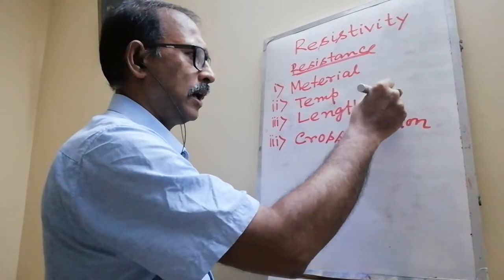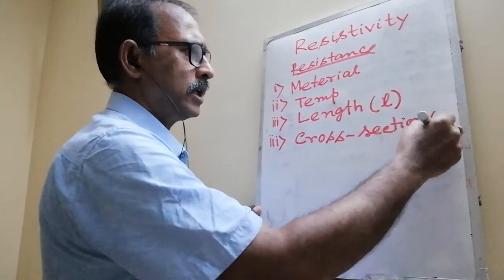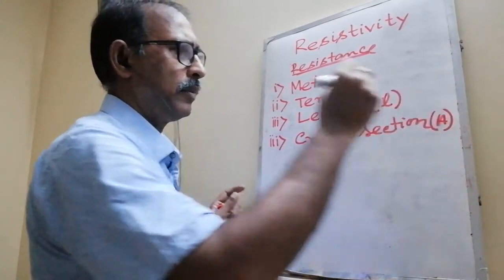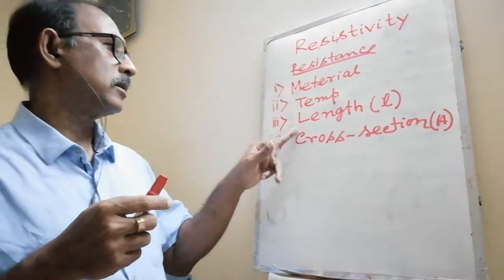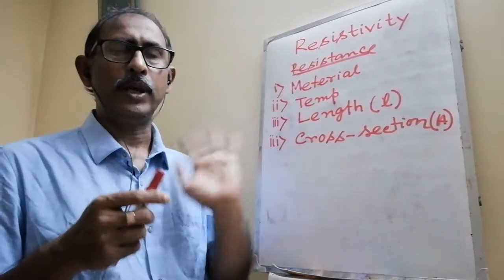Length is indicated by small l. Cross section is indicated by capital A. Resistance depends on these four factors.